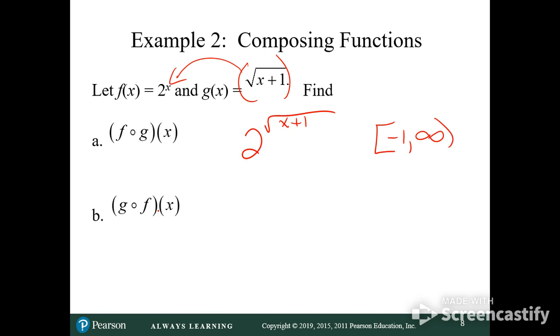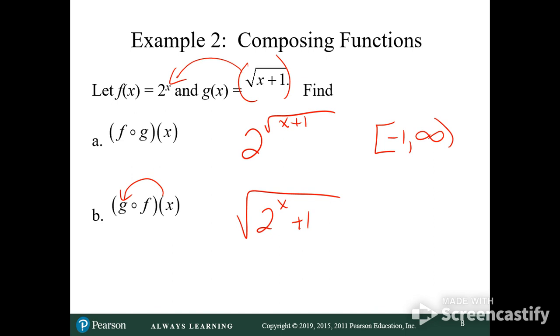Okay? How about g of f of x? Okay? So you put the f of x function into g of x. So it's the square root of 2 to the x plus 1. Now, to find this domain, is there any way to make this into a negative number?